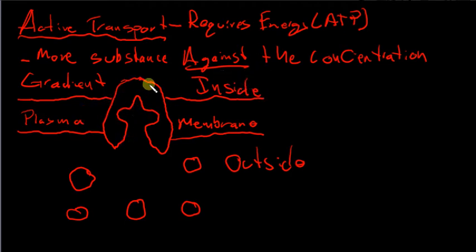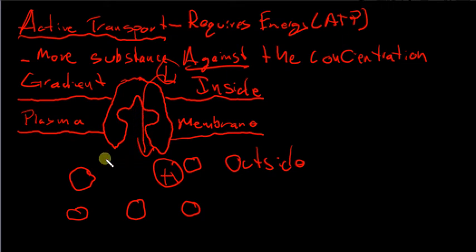This protein pump, this form of active transport, is going to move these molecules from the inside to the outside, from an area of low concentration to an area of high concentration. So in the opposite direction that diffusion would naturally want them to go. That's why it takes energy. That's why it takes ATP.